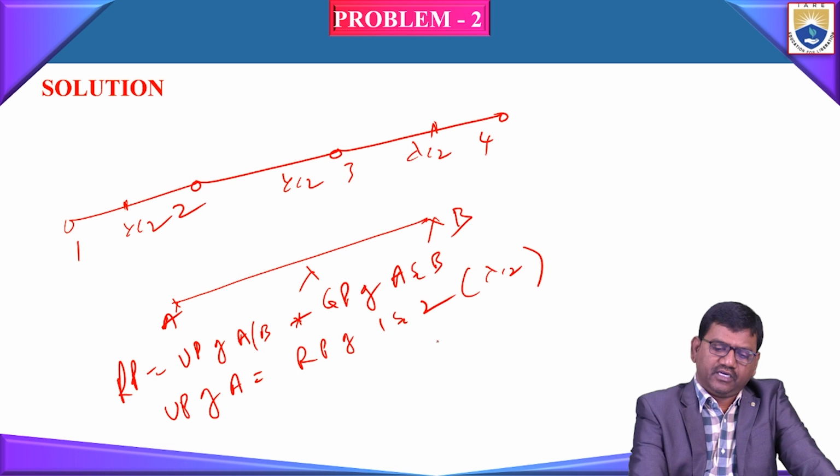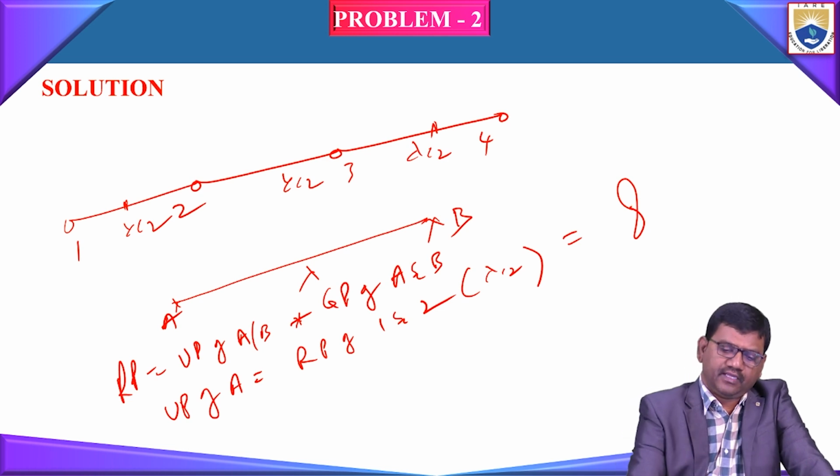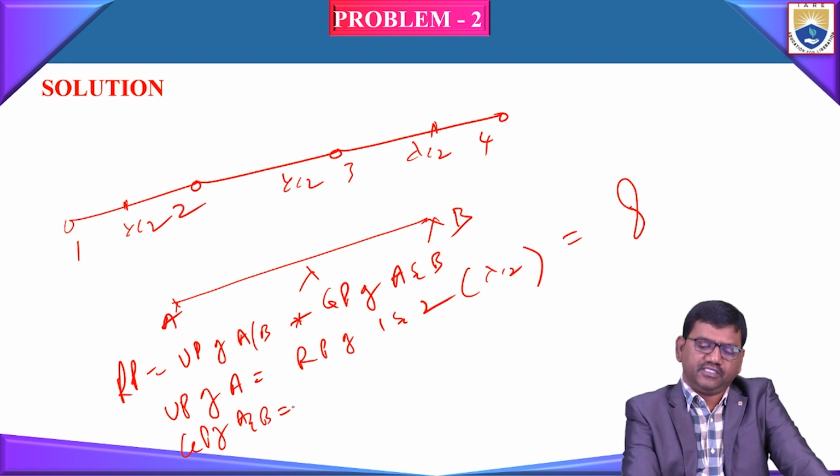So the resultant pattern of 1 and 2 is nothing but we will get the relation pattern like this. And similarly the group pattern of A and B, whose separation is lambda.